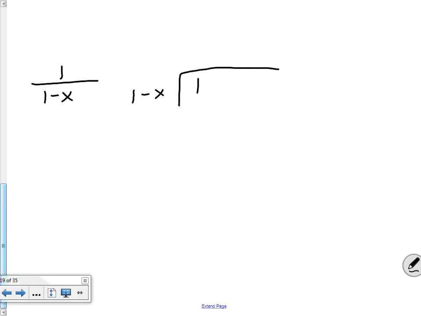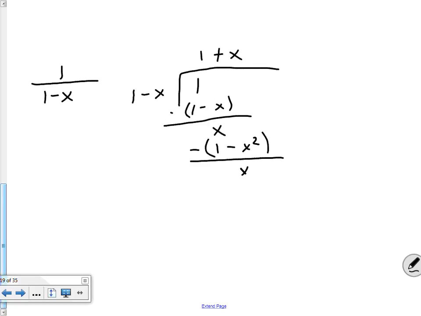The first term is 1, so I get 1 minus x. I subtract, and I'm left with x. Well, I can multiply by x and say 1 minus x squared. Subtract those, and I get x squared. And continuing on and on, adding x squared, x cubed, forever.